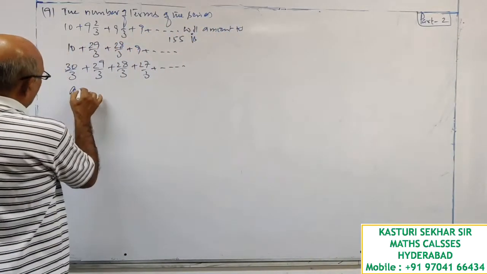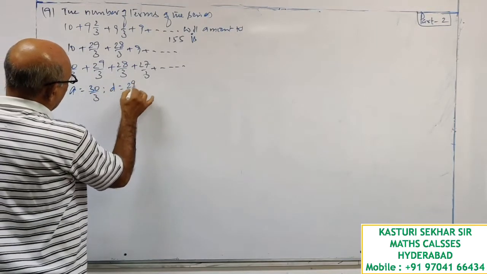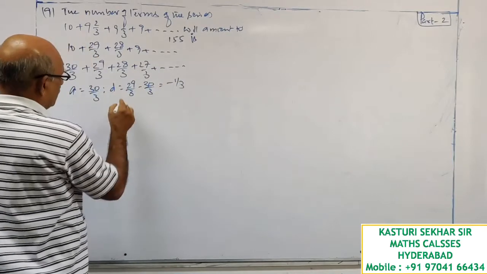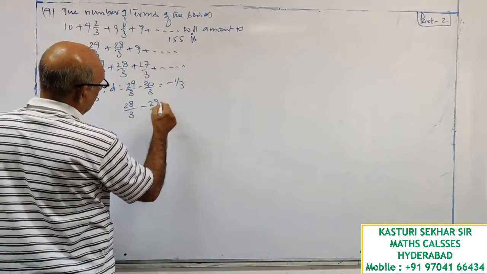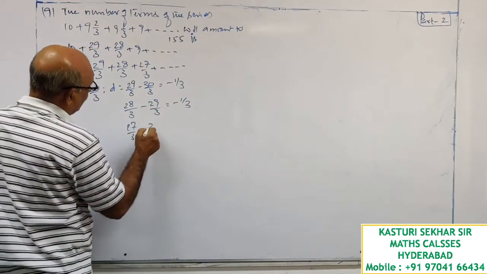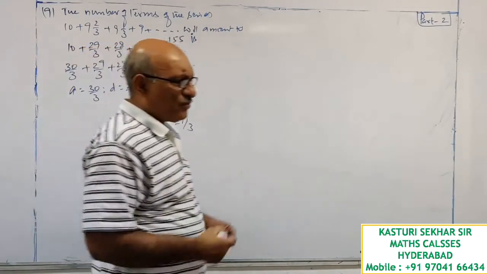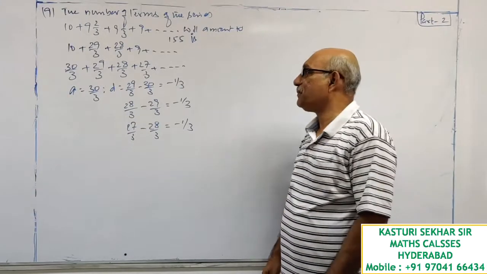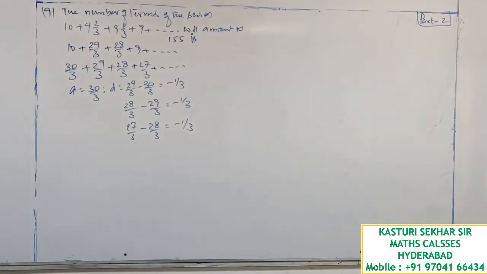Now A is equal to 30 by 3, D is equal to second term minus first term, minus 1 by 3; third term minus second term, minus 1 by 3; fourth term minus third term, minus 1 by 3. Since common difference is same, the given sequence is in arithmetic progression.